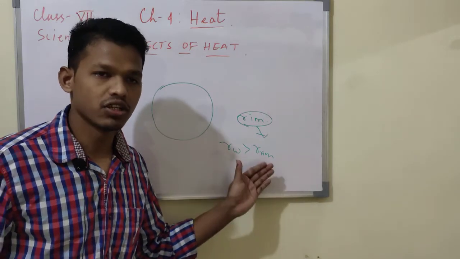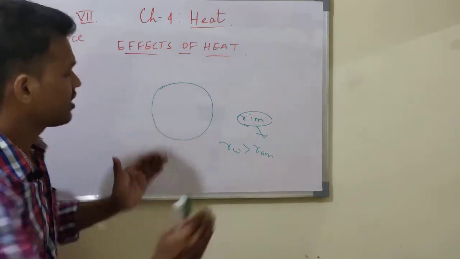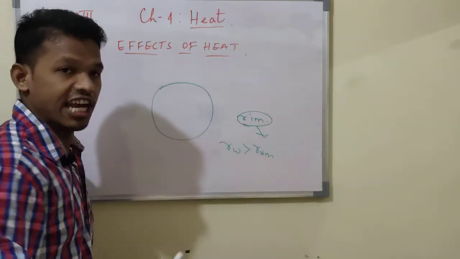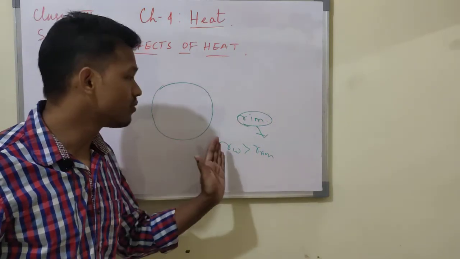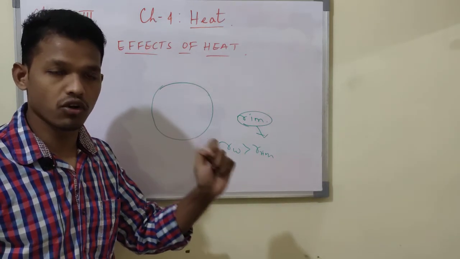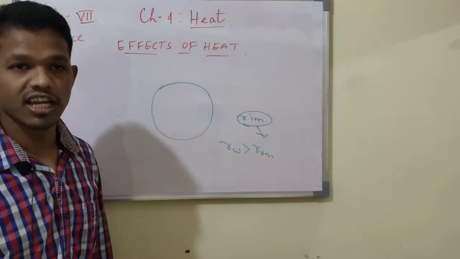They will supply heat so that it expands. After expansion, they keep it on the wheel, and after cooling, it will contract and fit. So when you heat iron or solid objects, they expand.